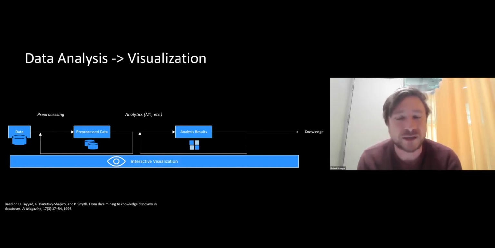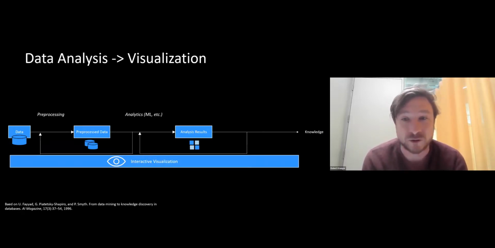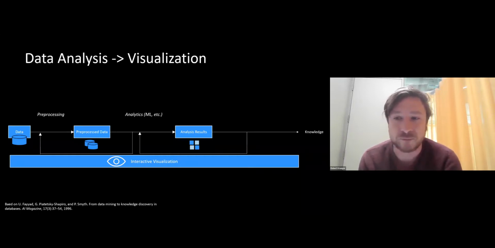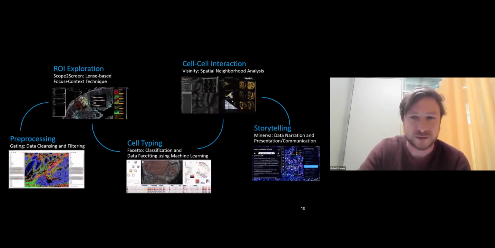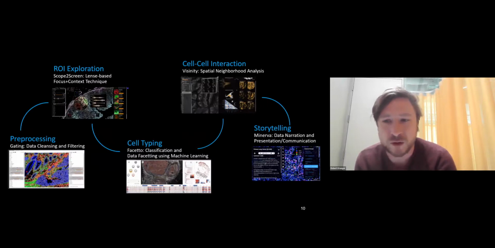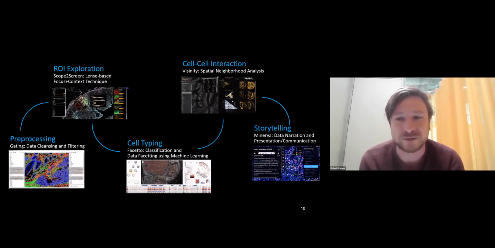But visualization can additionally be used as a means for quality control throughout the process, as a means to improve the pre-processing and to enable interactive analysis with the human expert in the loop. And that's really what we're aiming for here, to not only use visualization as a means for presentation, but throughout the analysis. And today I want to show you 5 of our applications that address different challenges along the analysis pipeline.